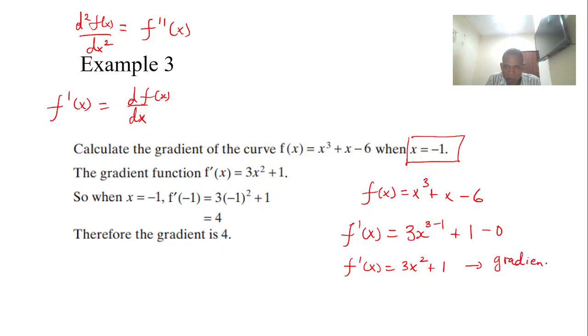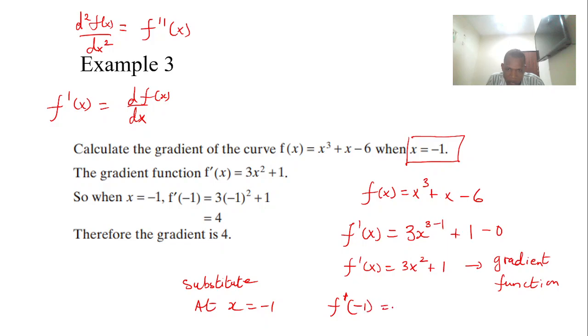Now this is my gradient function. The f prime of x is your gradient function, right? Now what you have to do is substitute the value of x given to you. At the point x equal to -1, we are going to get f prime of -1.